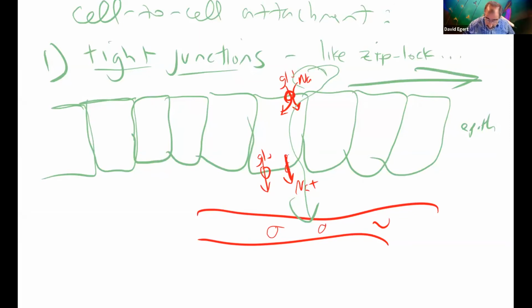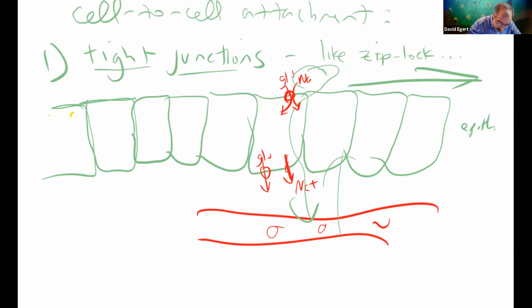I don't want things accidentally going back out that I've just taken in. So I need to make sure that the only things moving across in general are the things that are being intentionally moved with all these different processes, which means I need to seal the gaps in between the adjacent cells. And that's what the tight junctions are.